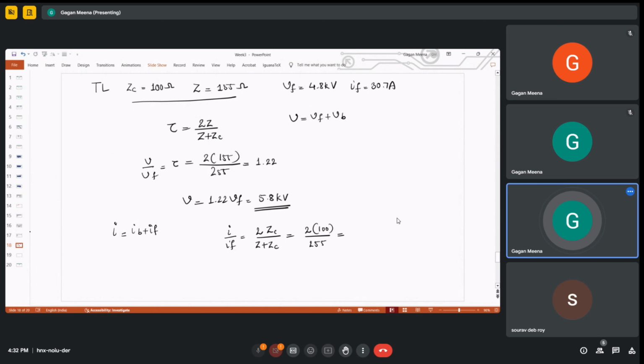So this becomes 0.784. So I becomes 0.784 multiplied by 30.7, which becomes 24.08 amperes. In which range is it?